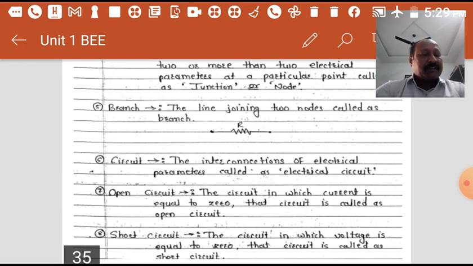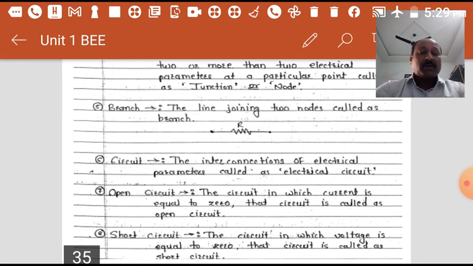That circuit consists of only voltage and there will not be any current. That circuit is called an open circuit. The third circuit is called a short circuit. Under this condition also, when we switch on, the fan refuses to start. But under this condition, the voltage becomes 0 and the current is maximum.